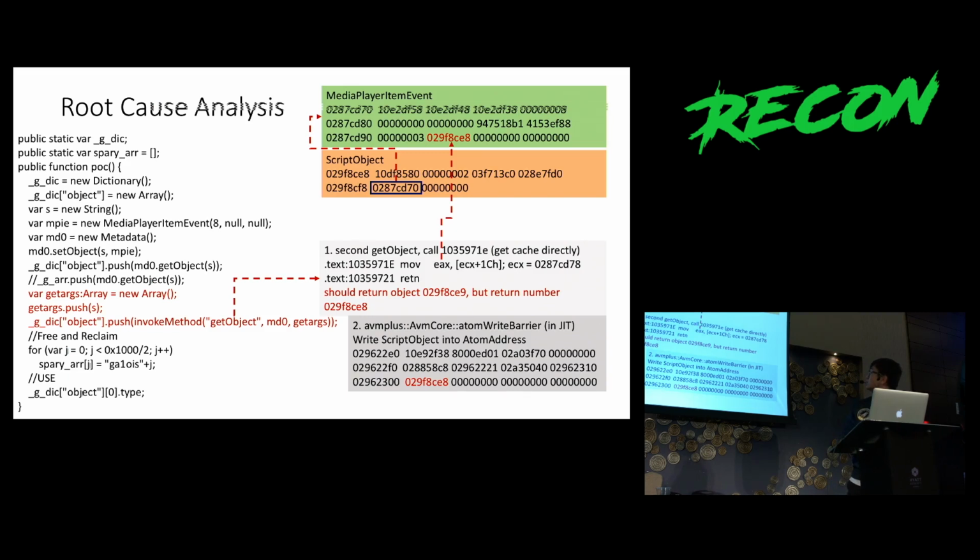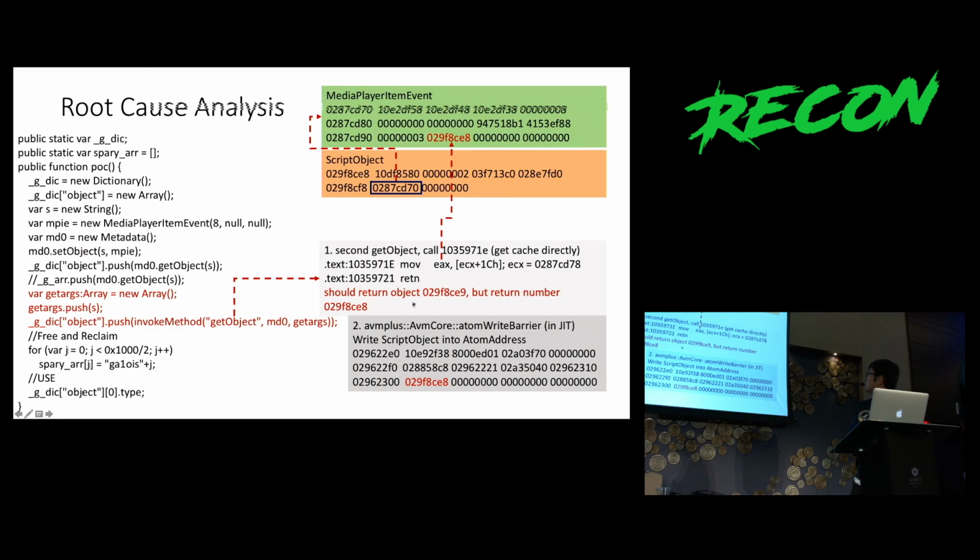The third important AS3 code is the second getObject. It also did two important things. Firstly, it gets the cache. It gets the script object cache from the MediaPlayerItemEvent, and then returns directly. Pay attention here.